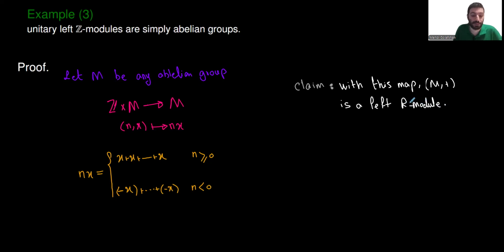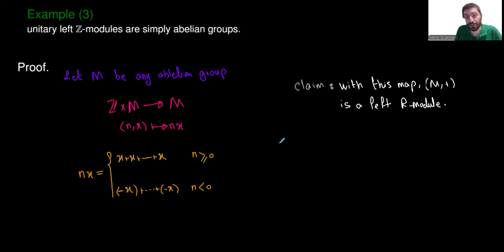So we need to verify all of the three conditions. Let me check that with my pi, because we are beginning and it's not bad if we are trying to do some things together.